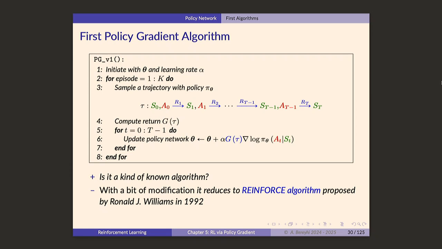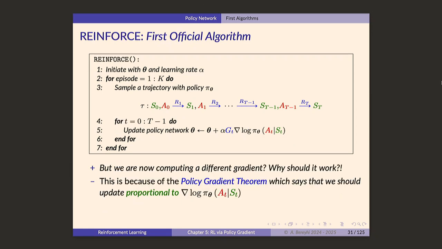But if you implement it with this one, at every single time you don't use the complete one, you just use the sample trajectory from that time. Like when you get to time 1, you do not add up R1 anymore, you just start from R2 going on. That is the only difference. If you do this as well, it's going to work, and actually it converges a bit better. This is what Williams showed.